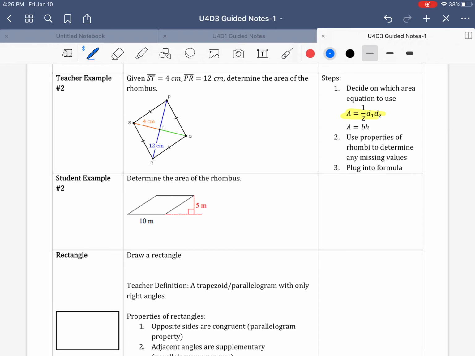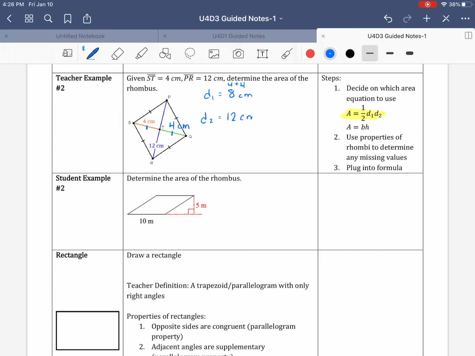Now, since only ST is 4 centimeters, but I know that the diagonals bisect each other, I know that ST is congruent to TQ, which would make that also 4 centimeters. Reading what is written very carefully, I know that the entire diagonal PR is 12. So diagonal 1 is 8 centimeters, which is coming from 4 plus 4.